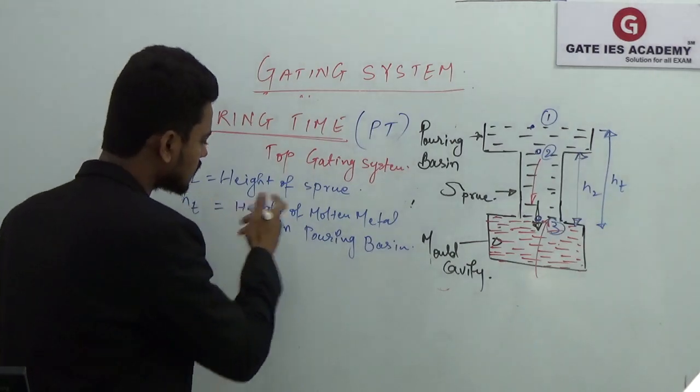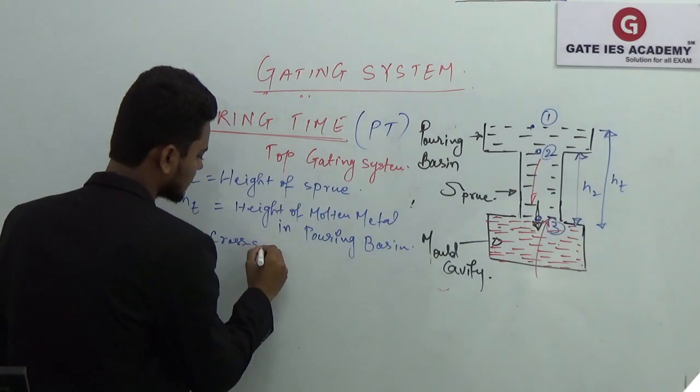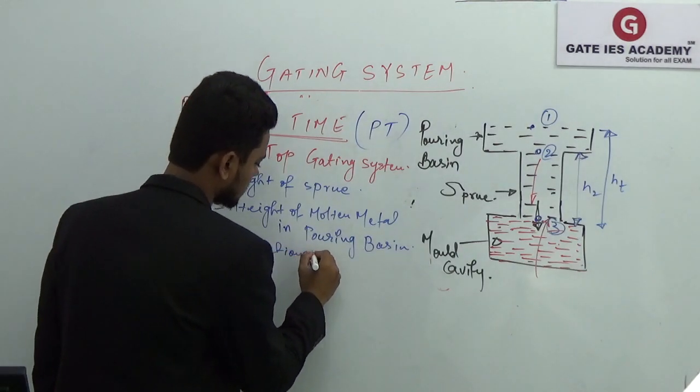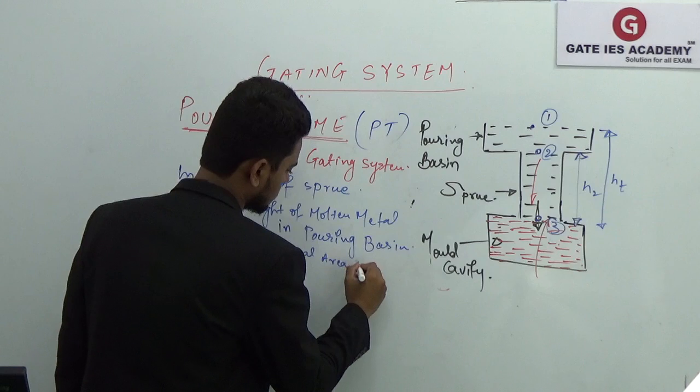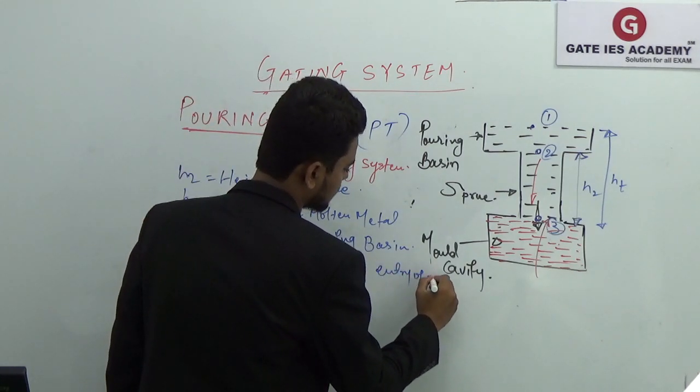Okay, so A2 is the cross-sectional area at entry of sprue.